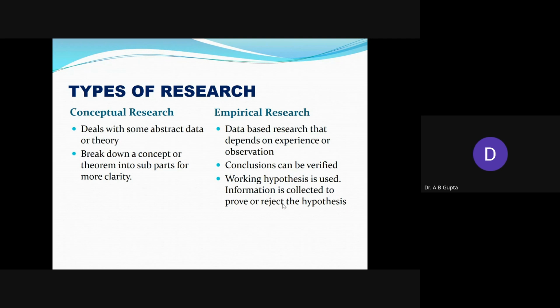Whereas empirical research is data-based. It depends mainly on experience or observation. So you can call it database research, and you can actually verify the conclusion. When you are undertaking empirical research, you make use of certain hypotheses.